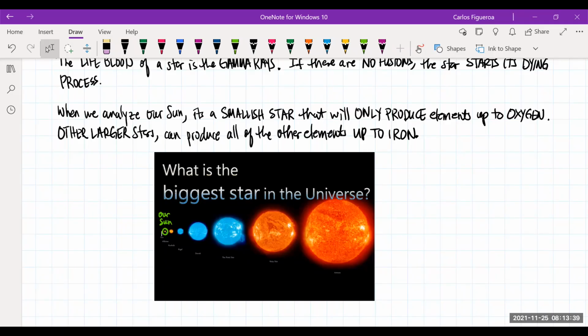Stars like this one, Antares, are extremely large and can produce more elements than the sun. But the fact is, it always stops at iron.